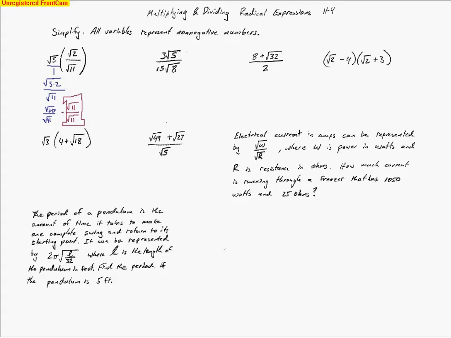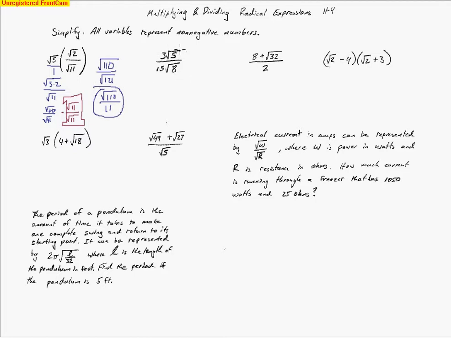So now what we have is this. We multiply the 10 and the 11, we get 110. Down below we get the square root of 121, and we know that is just 11. So this is the simplified form: the square root of 110 over 11.